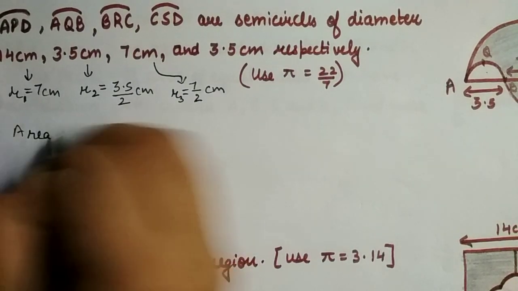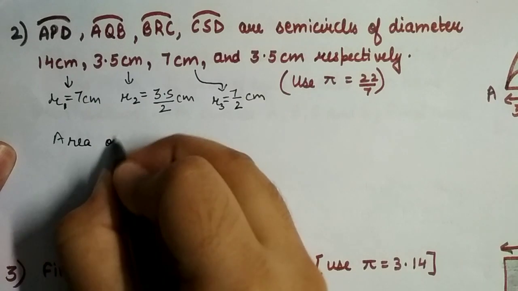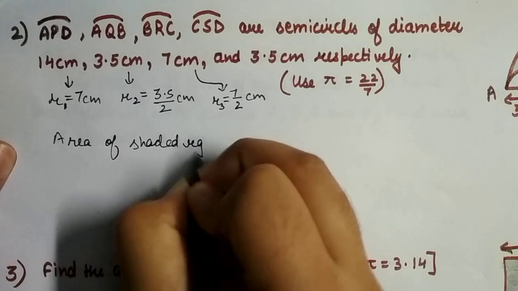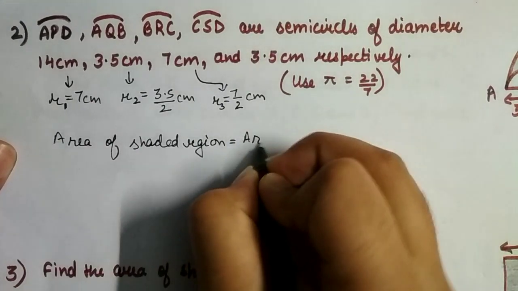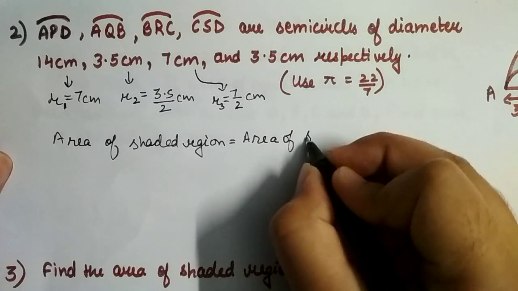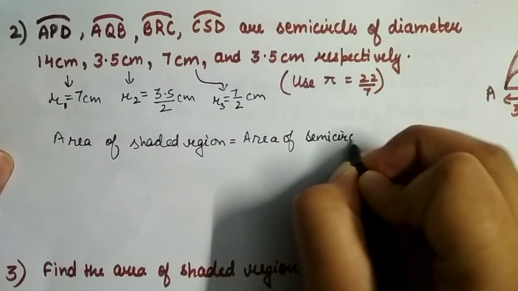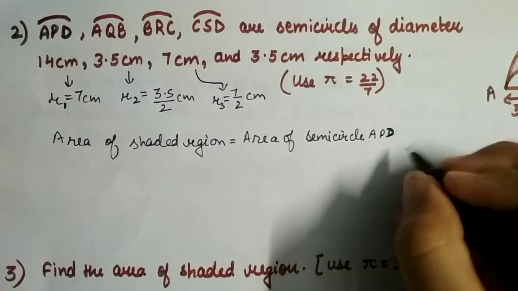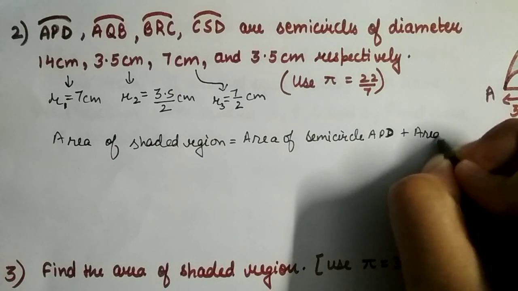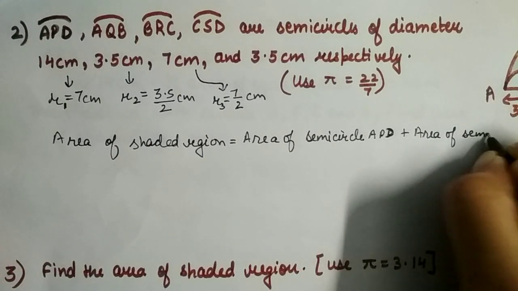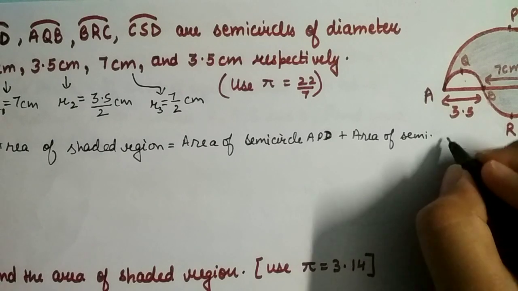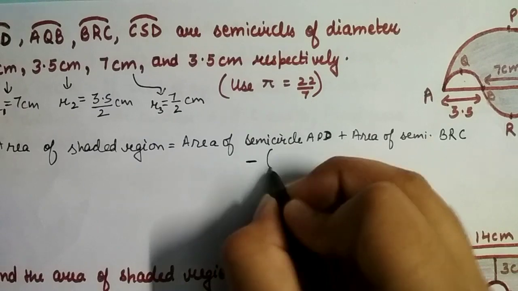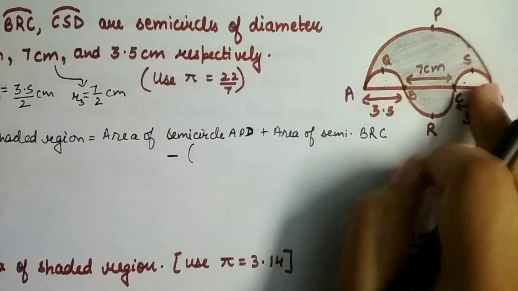Area of shaded region is the area of semicircle APD plus the area of semicircle BRC minus the area of these two semicircles.